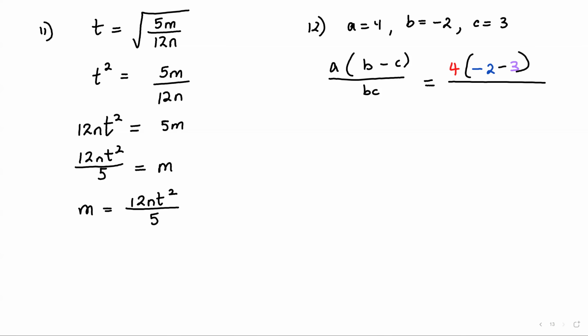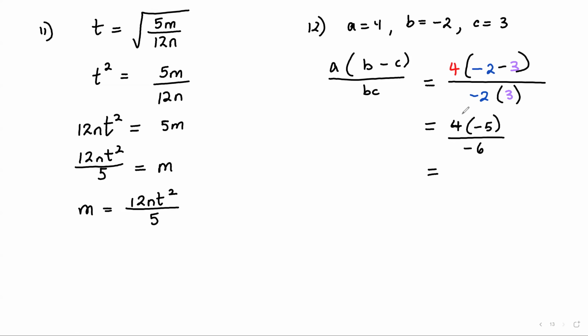Right? Brackets mean multiplication. So now I work it out. Remember BODMAS, so you work out what's in the brackets first. So this will be 4 times, well, -2 take away 3 is -5, divided by -2 times 3, which is -6. Now I could cancel here.